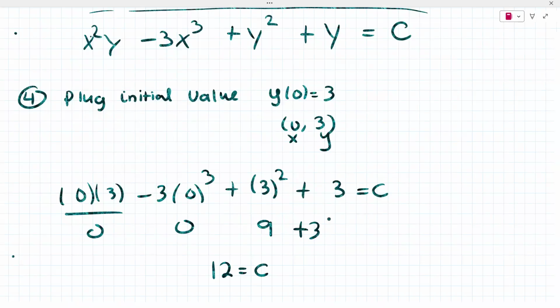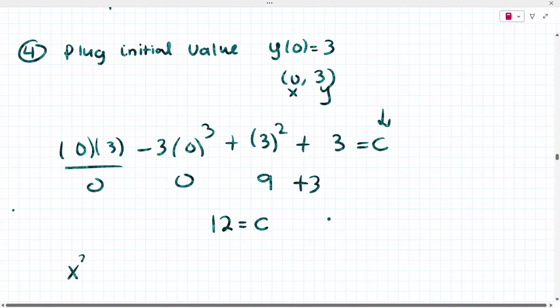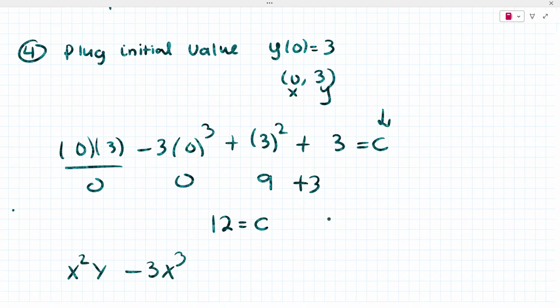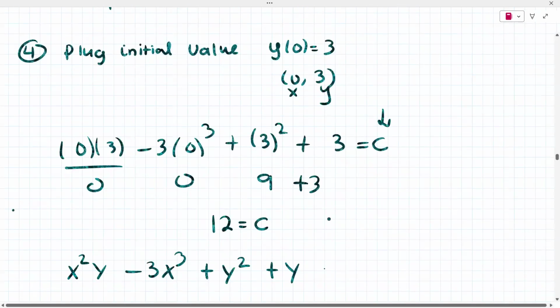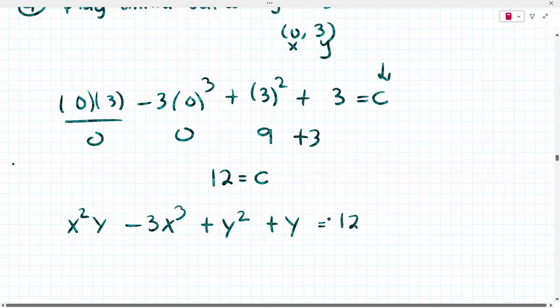So this c is 12, so you can rewrite this problem as x squared y minus 3x cubed plus y squared plus y equals 12. And then what you do next is you move this 12 to the left.